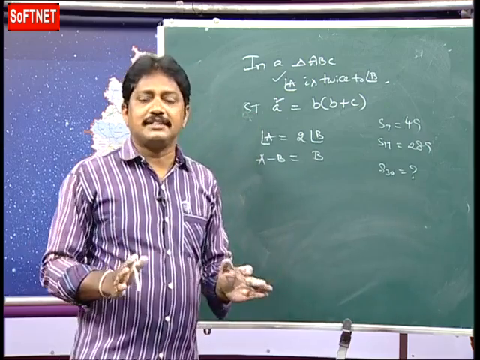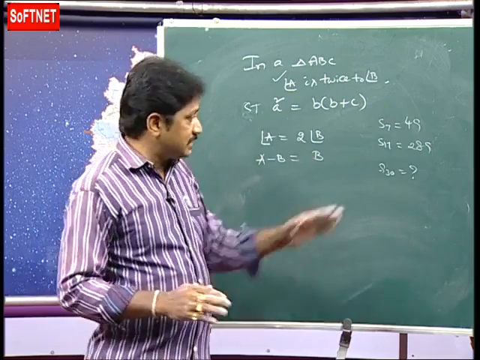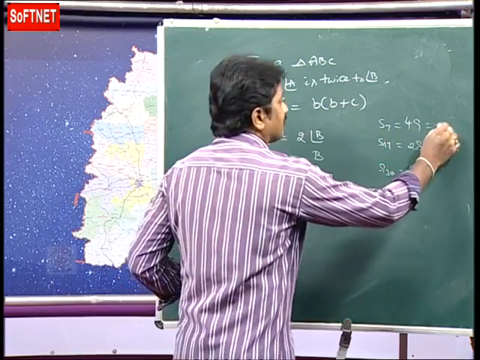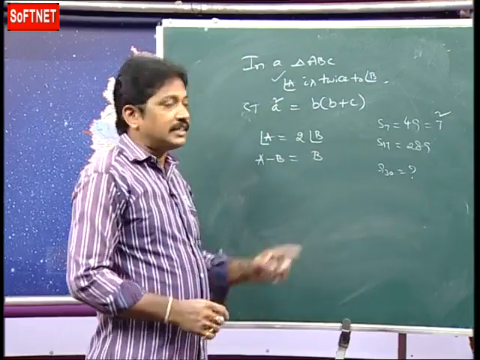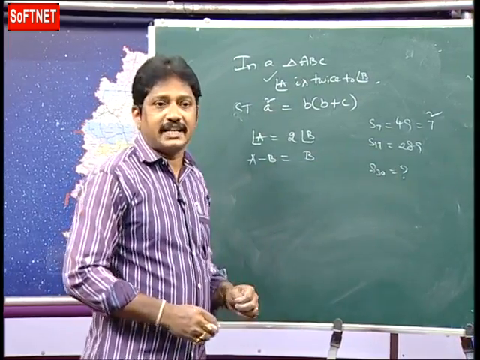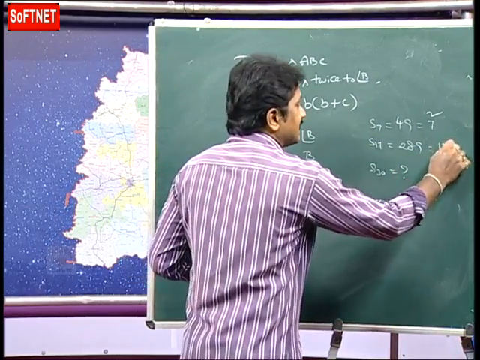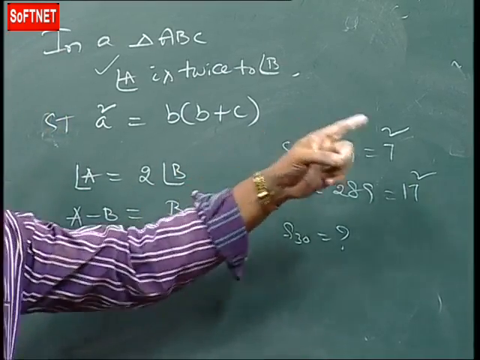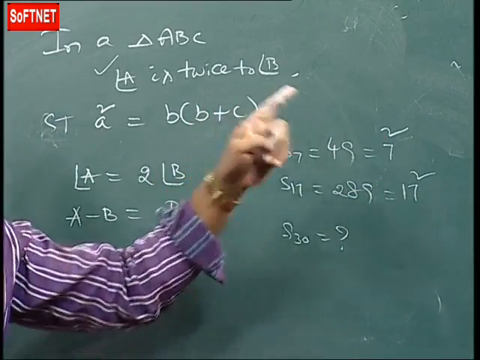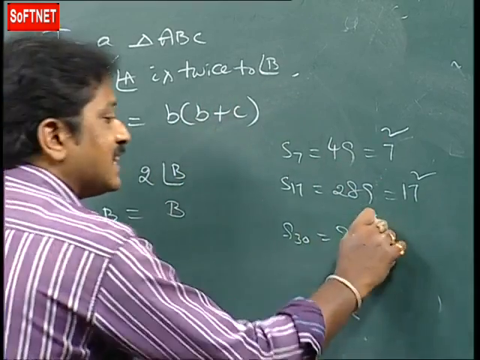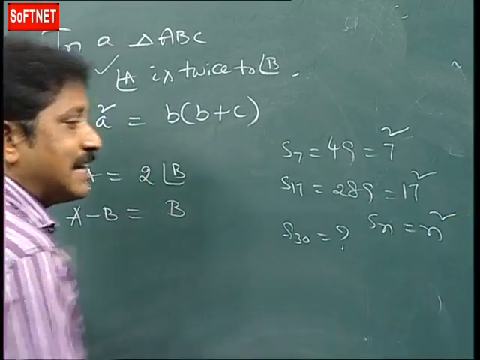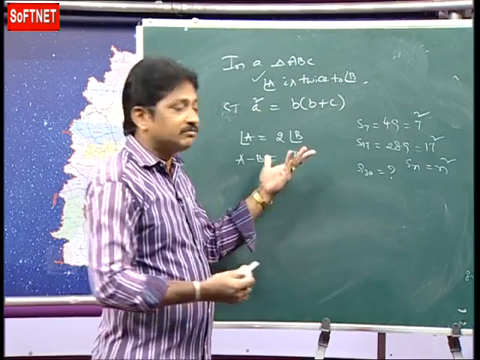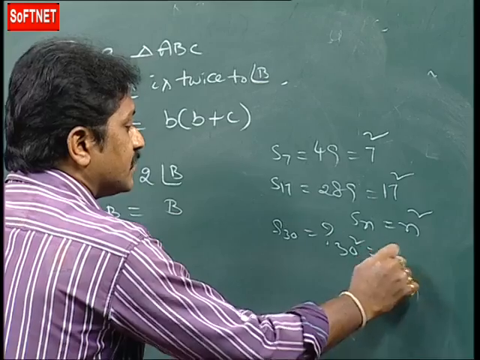Actually the same method was given in the textbook, but S7 equal to 49 you can write as 7 square, and S17 equal to 289 we can write as 17 square. Since S7 is 7 square and S17 is 17 square, you can expect Sn to be n square. So S30 will be 30 square, which is 900.